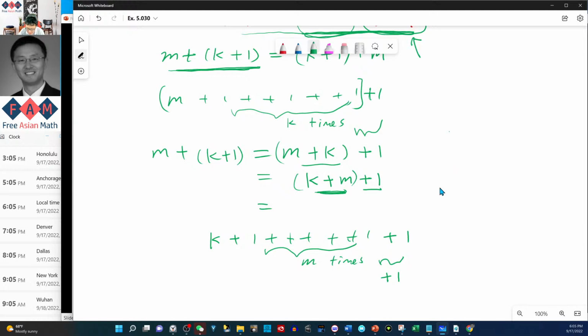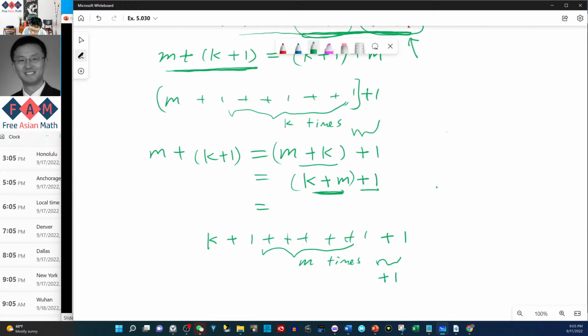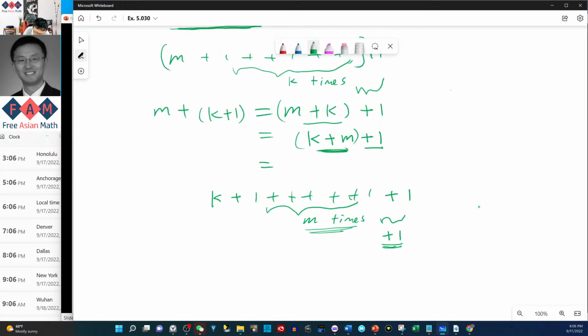Now you can see that this is just straightforward counting, not just m times, but also counting 1 more time. So it's from k counting m plus 1 times. Therefore, we can easily see that this is essentially counting. You can regroup this into counting 1 time first, then counting m times.